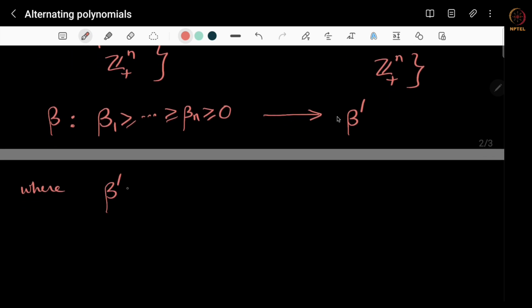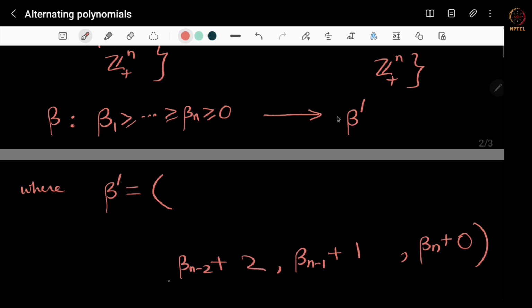I will take the n tuple as follows. I take beta n, the last term of beta, and to that I don't add anything. So I'm adding 0 to it. Then I take the one previous, beta n minus 1, and I add 1 to it. Then beta n minus 2, and I add 2 to it, and so on.